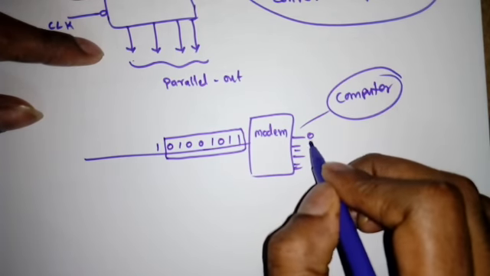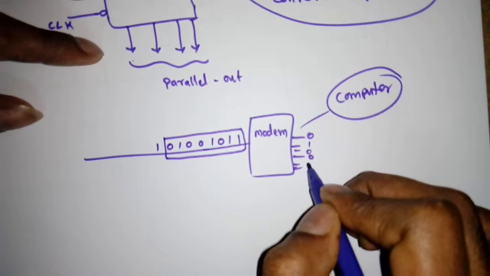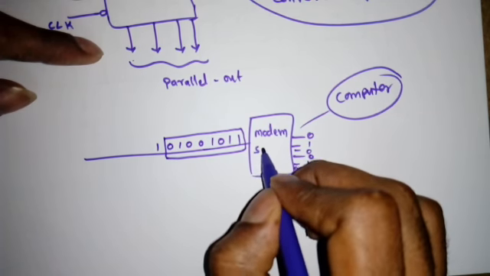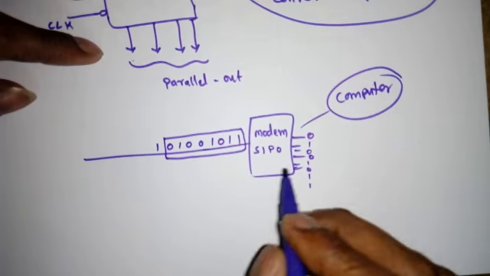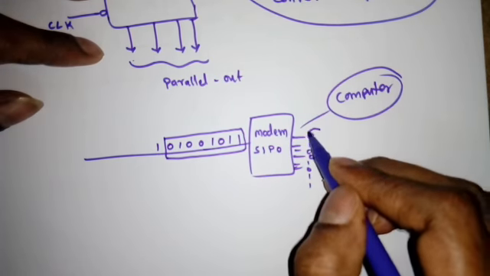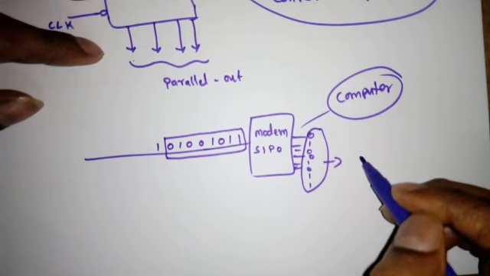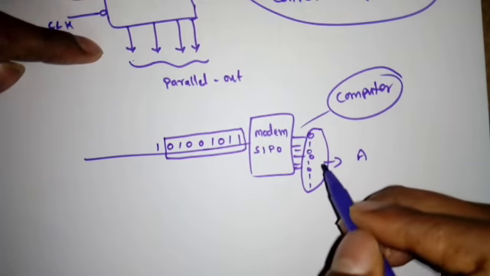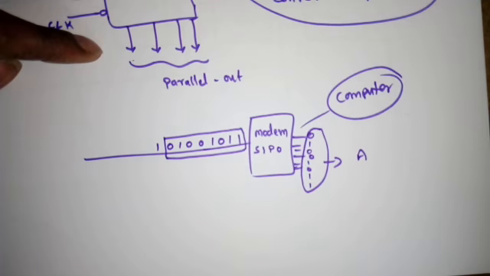So this 0 1 0 0 1 0 1 1. So here I need to use a serial in parallel out shift register to convert this 8-bit data into parallel like this. Then this indicates something, suppose capital A, some alphabet A, right, or some alphabet B or something else, right?